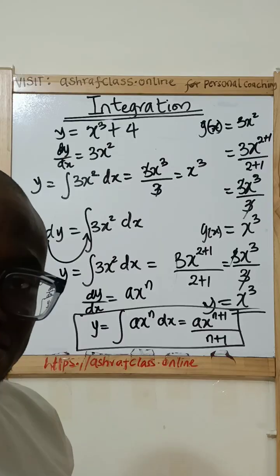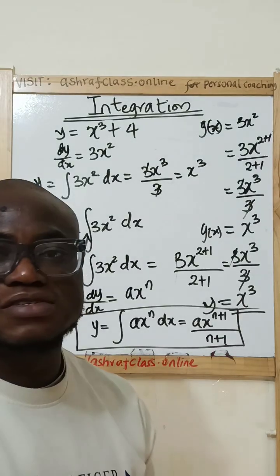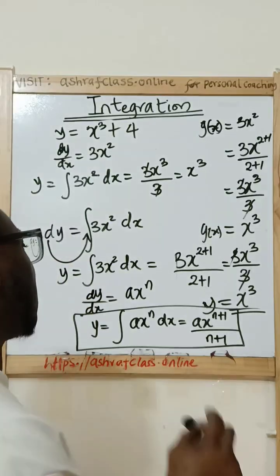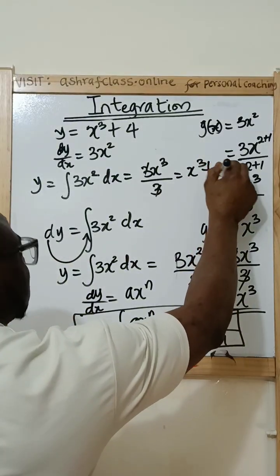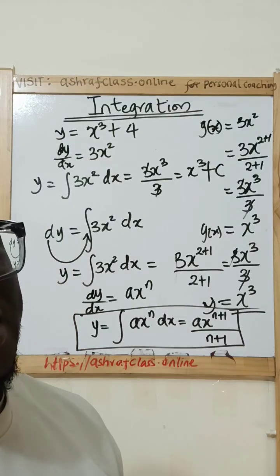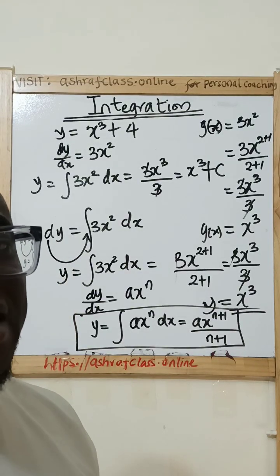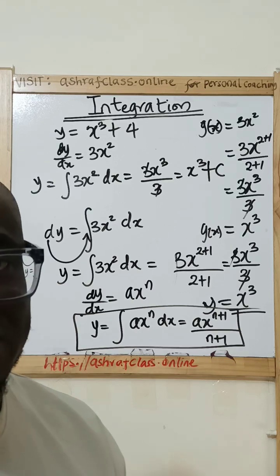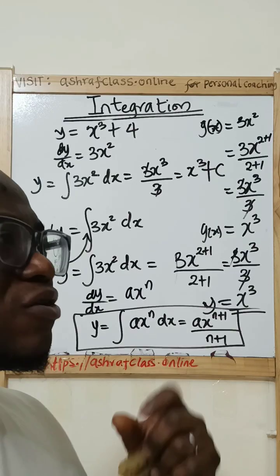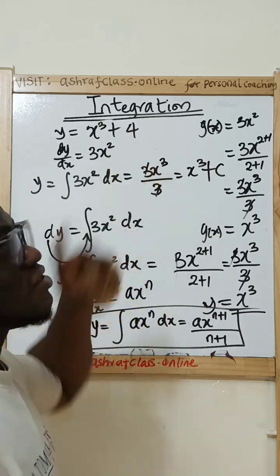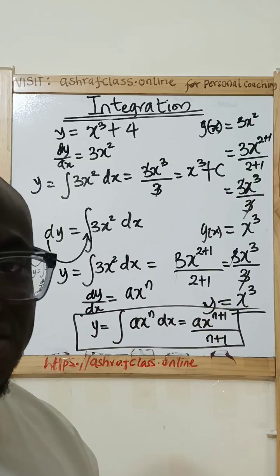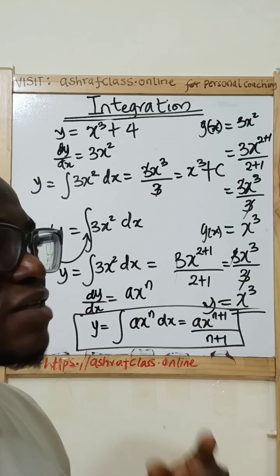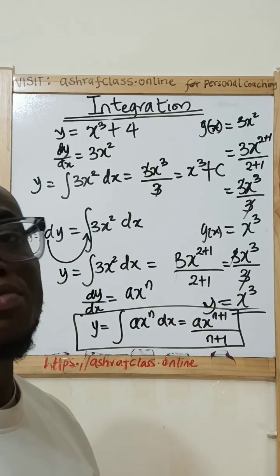That is why whenever we are carrying out integration, we normally add plus c to it. Anytime we carry out integration, we add plus c, because in some situations that c can represent a constant that was omitted in the differentiation. So that is why we need to always put plus c.